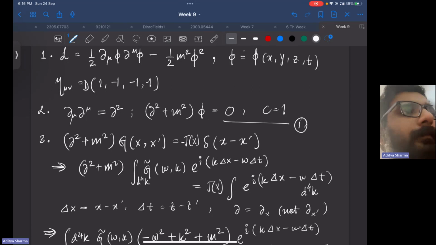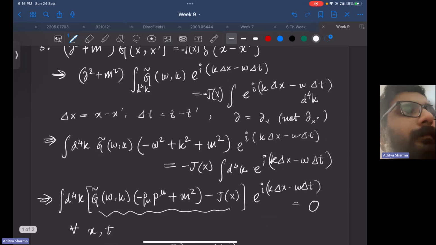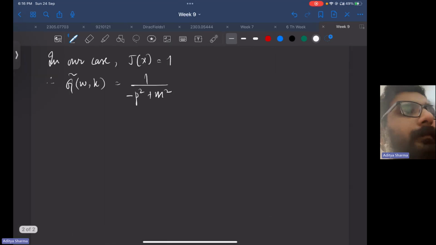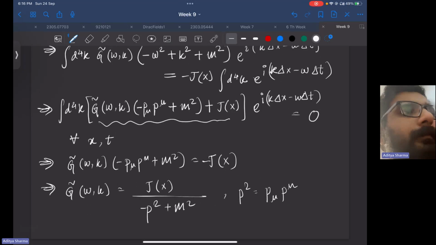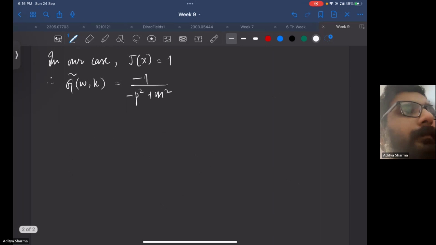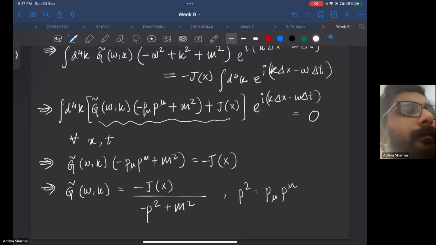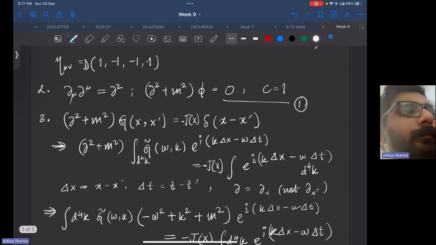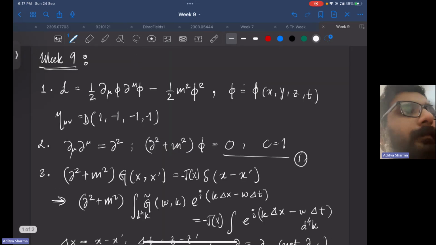The convention is to put a minus sign here. This minus sign propagates. Okay, good. So first you find the equation of motion. So the algorithm.